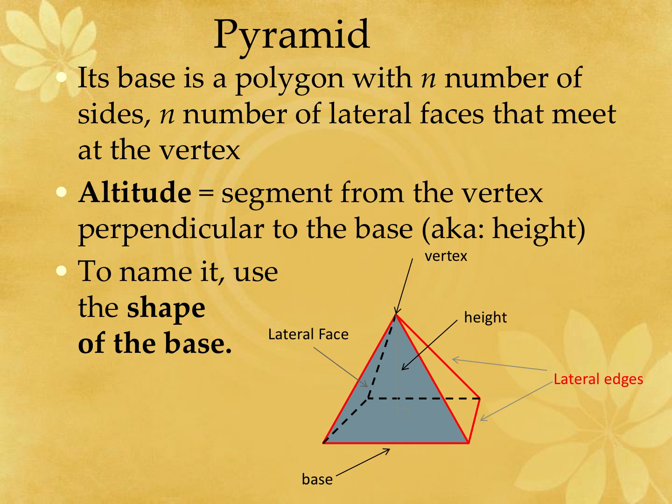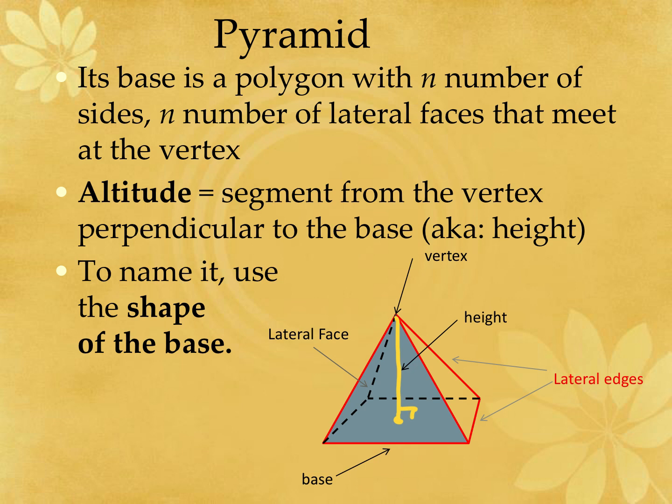The altitude will be the segment from the vertex straight perpendicular down to the base. So the altitude is generally going to be drawn inside, and it'll be indicated by a little right angle, and that would be your height.